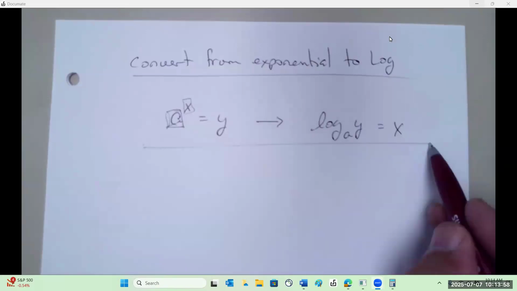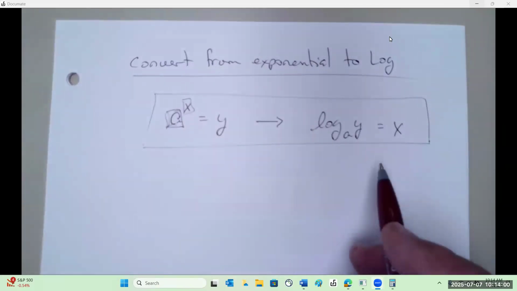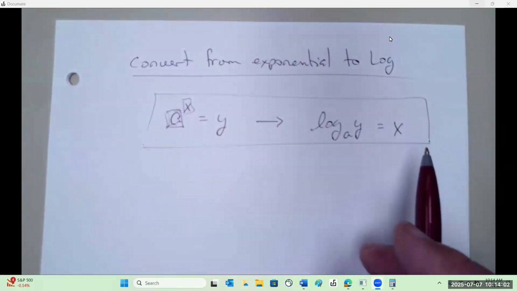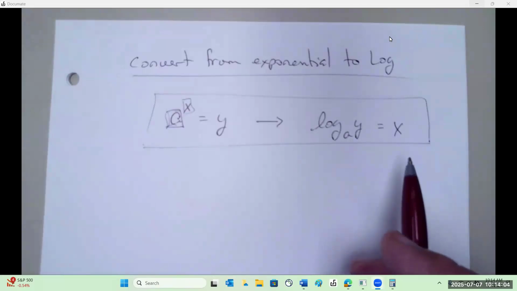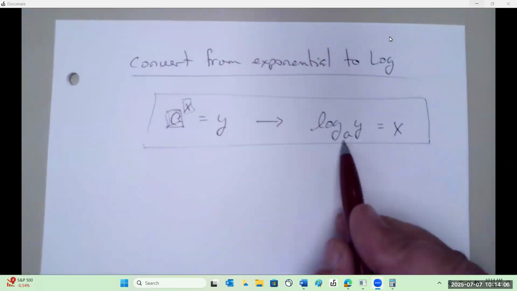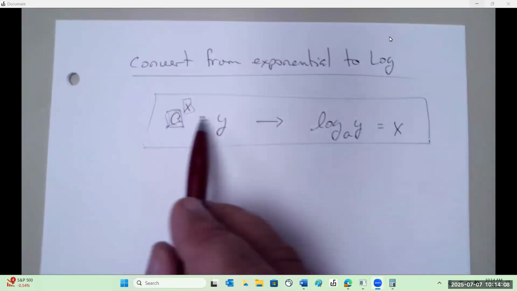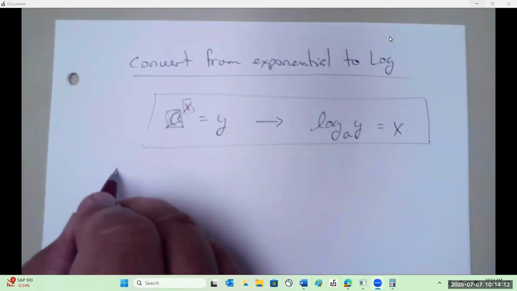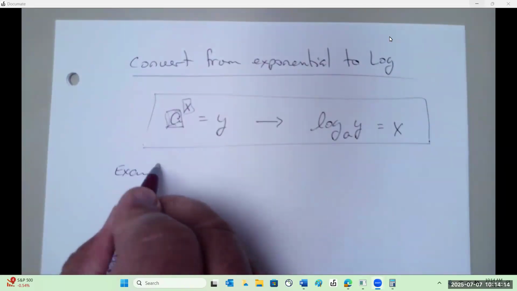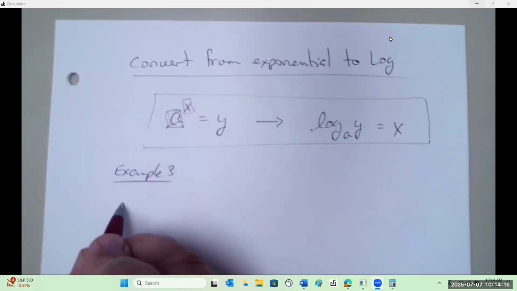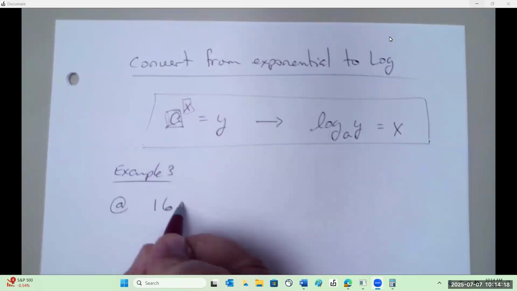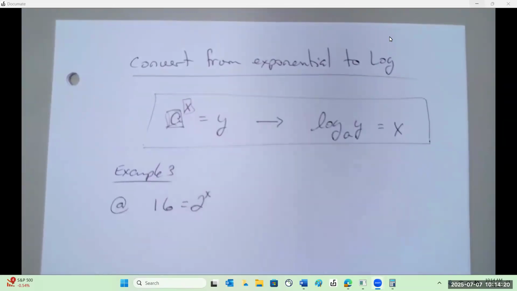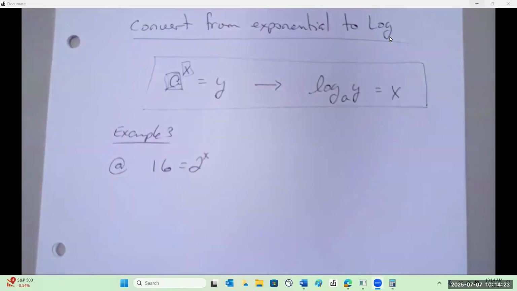So it's easier to convert from logarithmic to exponential. Once you have it this way, it's just a matter of plugging and playing. So if 16 equals 2 to the power x, put that in logarithmic terms.